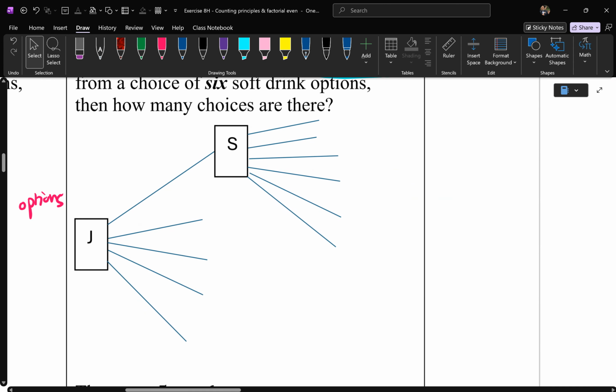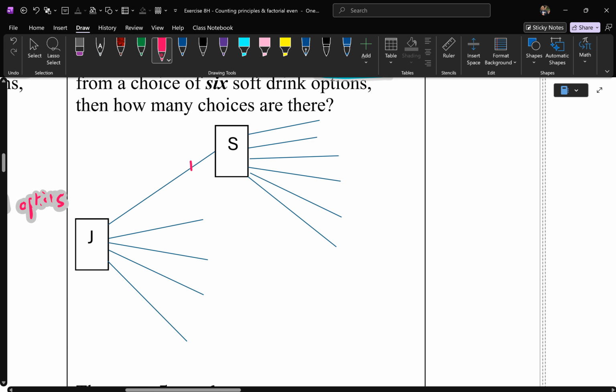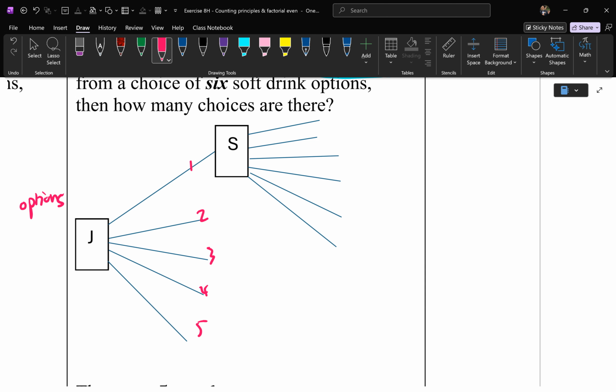Versus this one, say I chose the juice, I had option 1, 2, 3, 4, 5. After I've chosen one, then I have 1, 2, 3, 4, 5, 6 to choose from. So for every juice that I choose, there is 6 possibilities that I could have got for soft drinks.